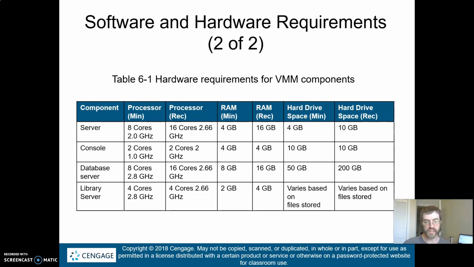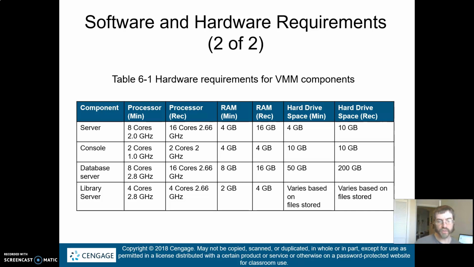For the console itself, the server will need 8 cores. Now this is physical hardware. Understand? If you're doing this virtually, you may not be able to provide it with 8 cores. I don't believe I have 8 cores on this Core i7 platform I've got in front of me, but I'm going to try to make it work.